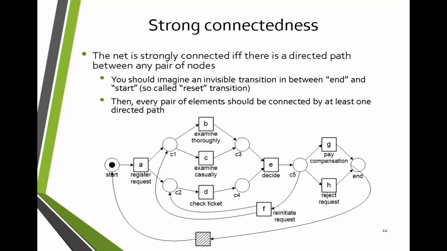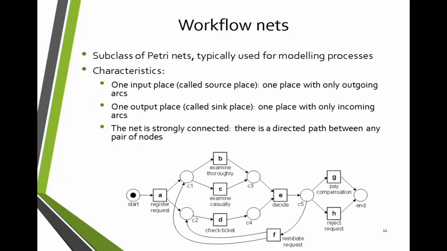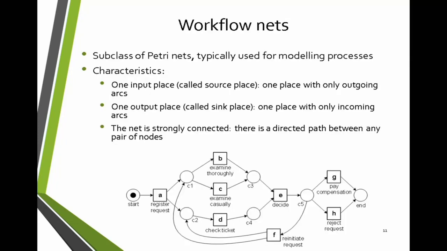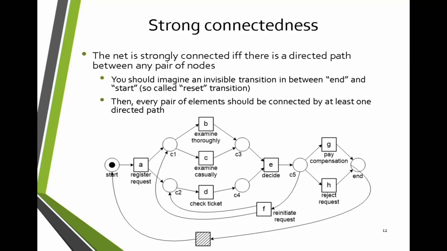But in order to check the strongly connected property, and only then, you need to know that this reset transition is inherently part of such a model, right? Checking those three different characteristics requires you to look at a different, well, not the same model. For the last characteristic, you need to take into account the reset transition, while for the other two, obviously you don't, because if you draw the reset transition, the end place doesn't fulfill the definition anymore of an end place.